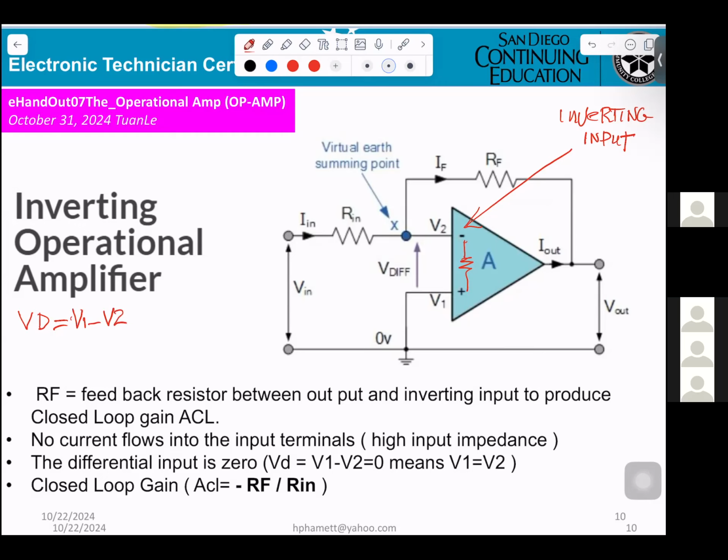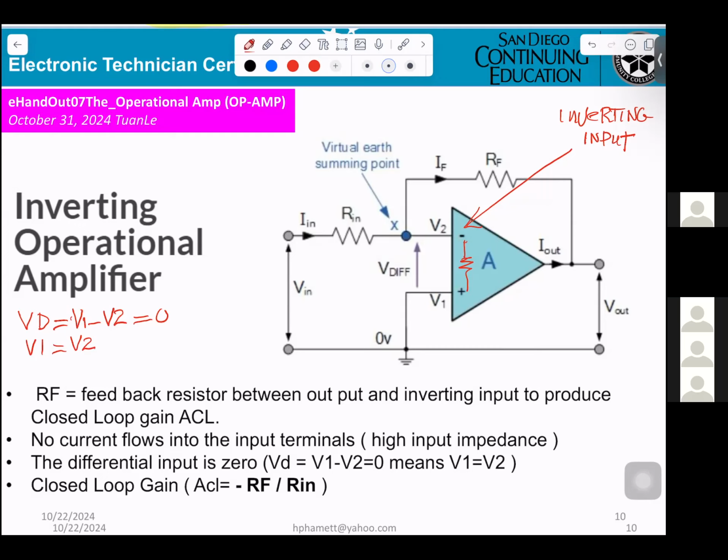And they said VD all the time will be equal to 0. That will be telling you V1 and V2 are always equal, V1 equals V2.